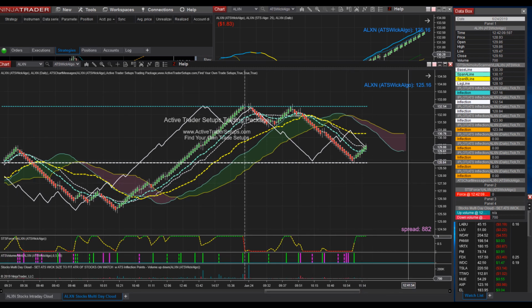Now that line is 128.84. It's right over here. It's the first white box in the area. When I mouse right there, 128.84. What's the low of that candle? 128.81. So I took you a $128 stock that just sold $3 and got you within 3 cents of the reversal spot.